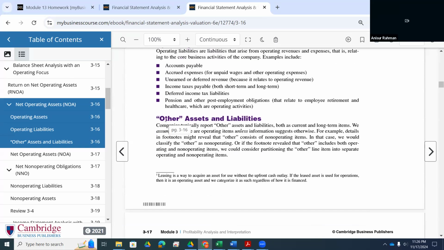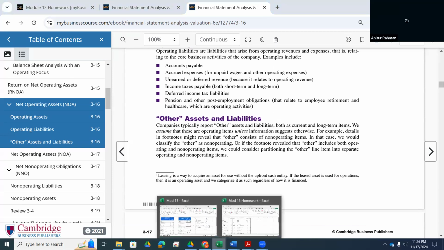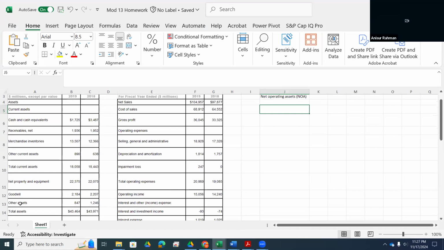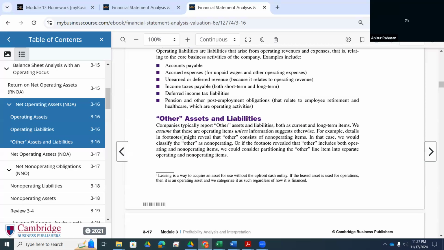There is another thing you need to understand, which is other assets and liabilities. For example, in our case, we have other assets. So how do I know whether it is operating or non-operating?